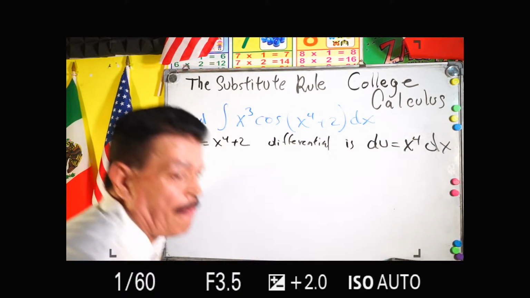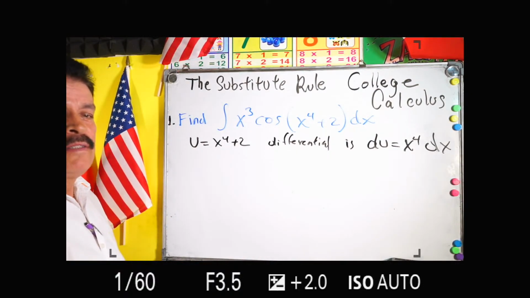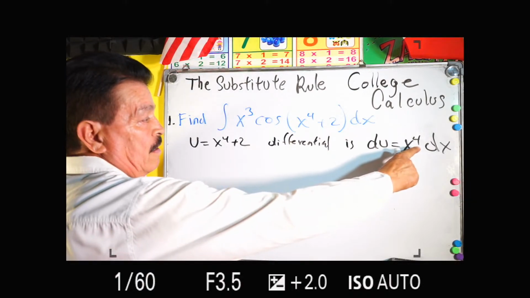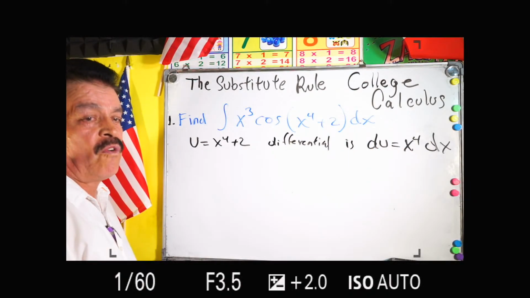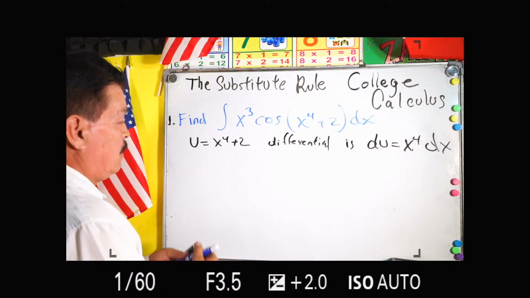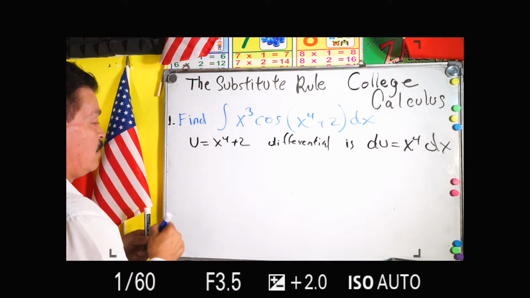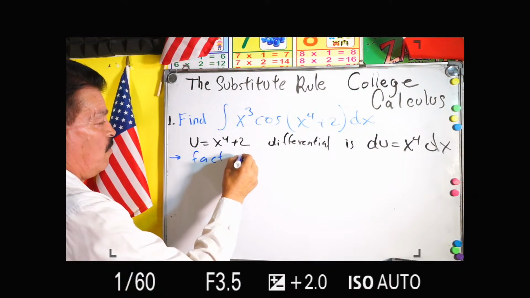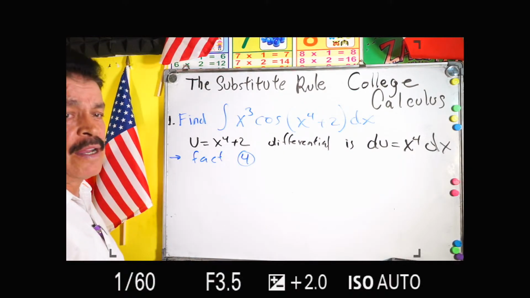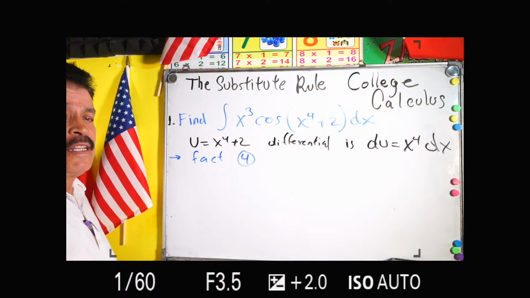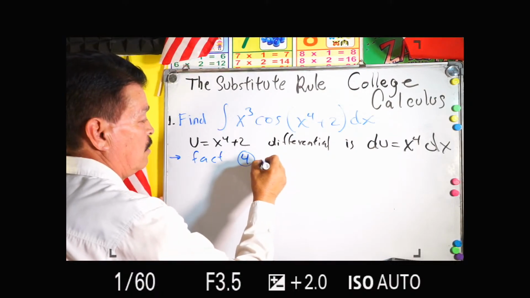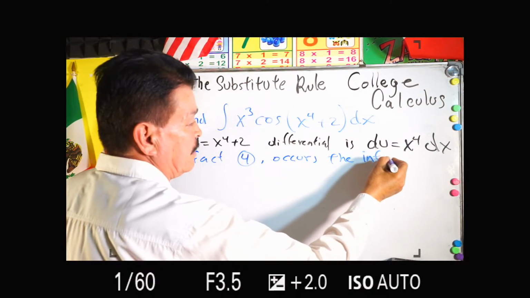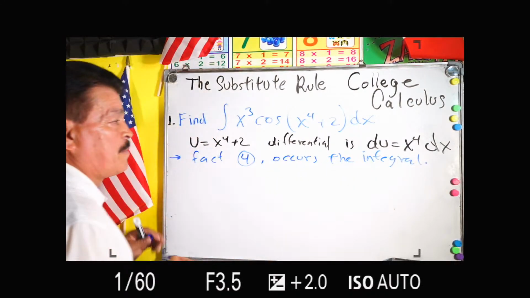The constants disappear in the derivative. Next we have a factor of 4 here that occurs in the integral.